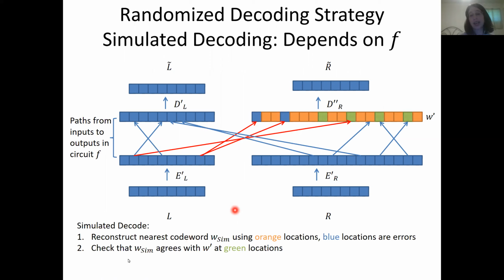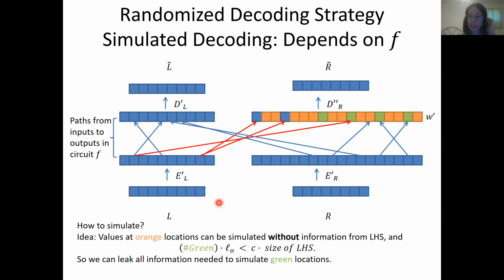We are again going to check that w sim agrees with w prime at randomly chosen green locations. Note that the green locations that are chosen may not be safe, so green locations may have incoming edges from the left. However, there's only a small number of green locations.